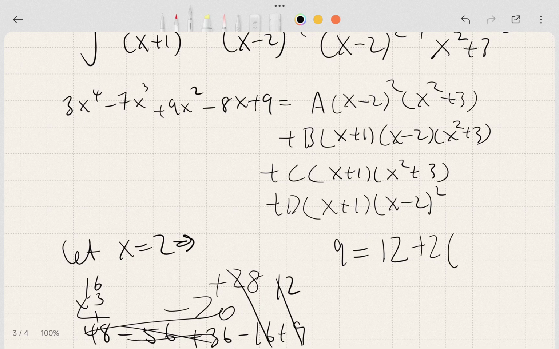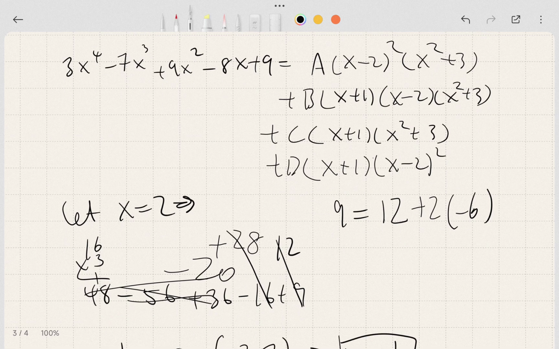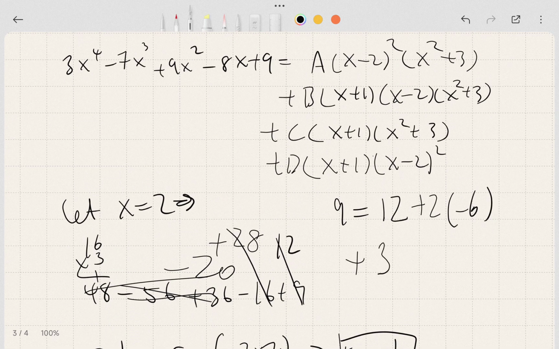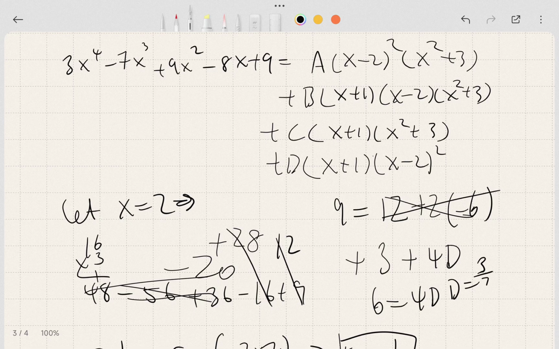B is 2, so 2 times 3 is 6, plus C. C is 1, so 3, and plus 4D. So therefore, 6 is equal to 4D, so D is equal to 3 over 2.